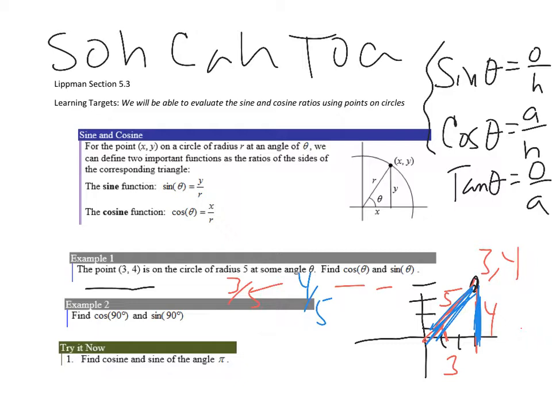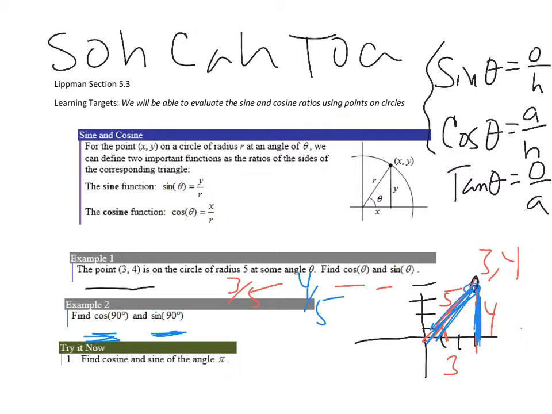Now, to kick it down the road further, and I started to talk about that, is what happens when you can't find the angle, when you can't draw a reference triangle like this, like the sine of 90 and the cosine of 90.